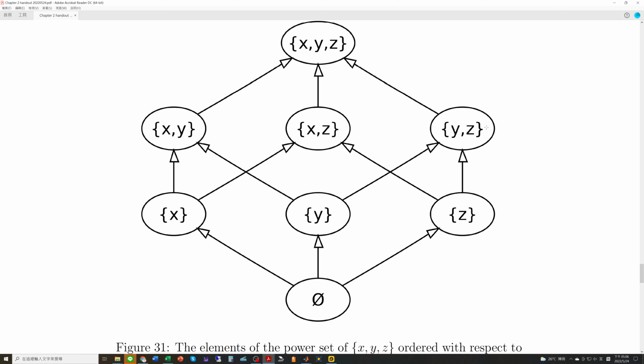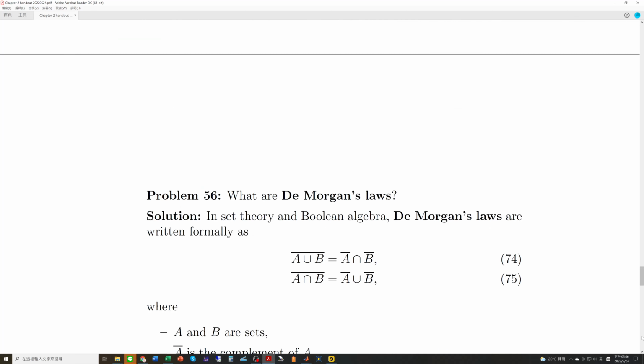And the set which contains y and z includes this set and this set. And finally, the set which contains x, y, and z includes this set and this set. This is the power set.